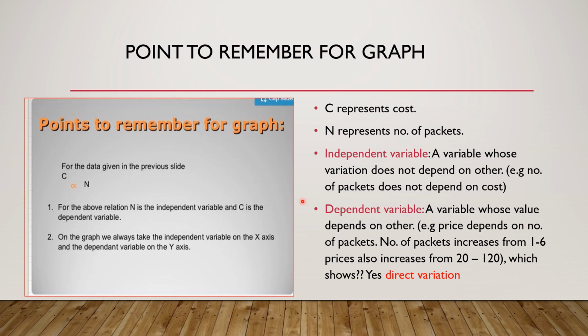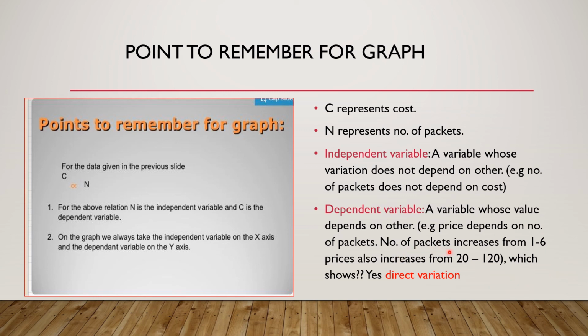But the dependent variable is a variable whose value depends on other. And which is the dependent variable here? Cost. It means that when the number of packets is increased, the price is also going to be increased.